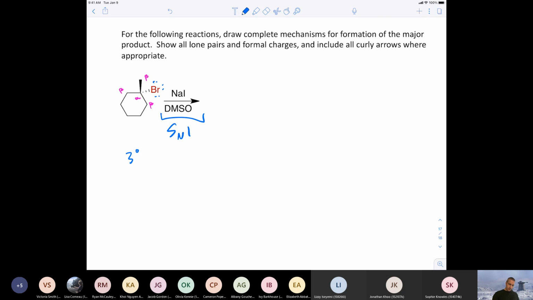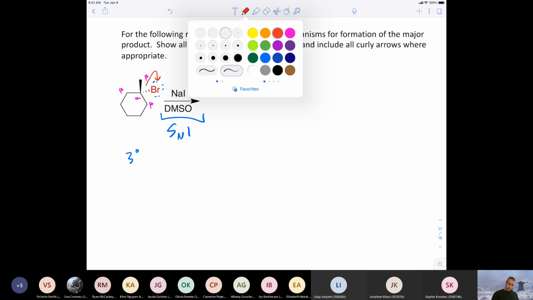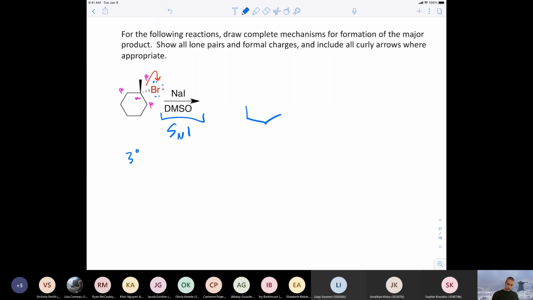So we have to first kick out our leaving group for SN1. Make a carbocation. You always make carbocations in SN1 and E1.